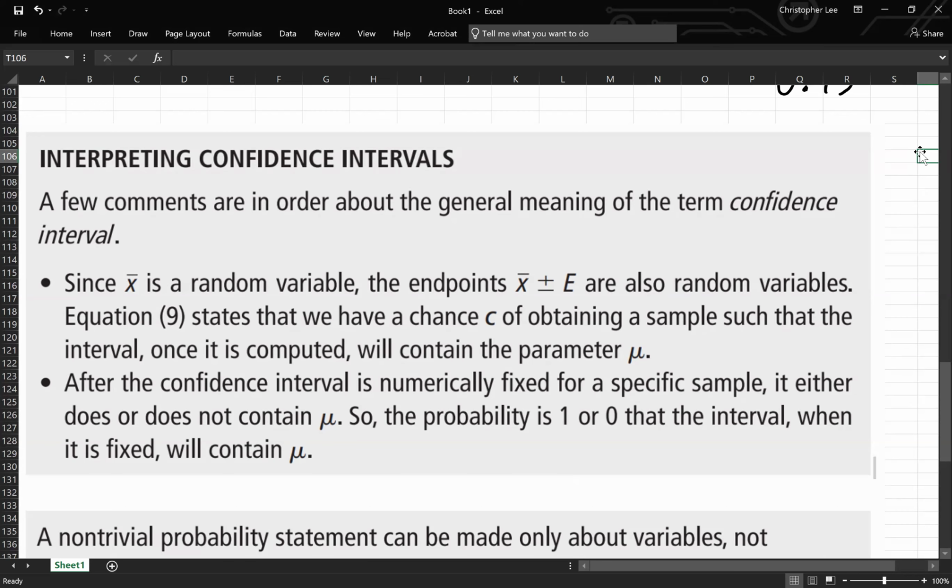So the equation states that we have a chance, a confidence, of obtaining a sample such that the interval, once it is computed, will contain the parameter mu, the population mean. After the confidence interval is numerically fixed for a specific sample, it either does or does not contain the population mean mu. So the probability is 1 or 0 that the interval, when it is fixed, will contain the population mean.